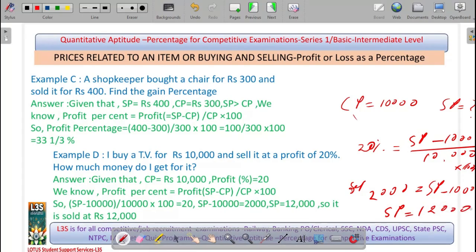So this way we find SP is equal to 12,000.